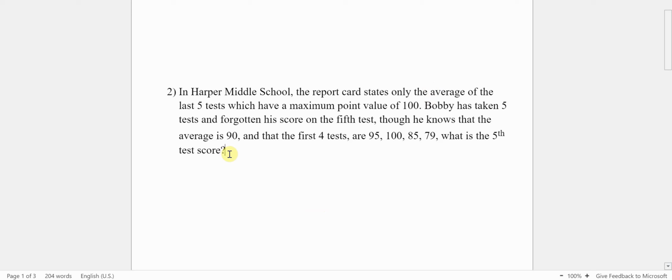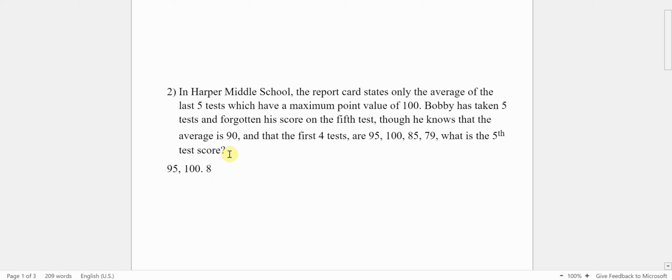Solving this, we can just use what we know. Like 95, we know 95, 100, and then we know 85, then we know 79. Let's call the last test X, because that's an unknown thing we need to find out. And we know that the average is 90.